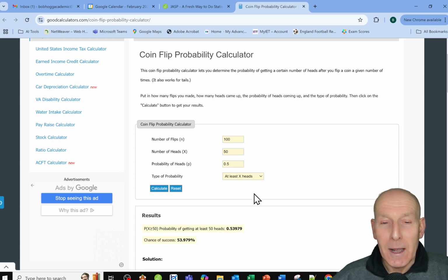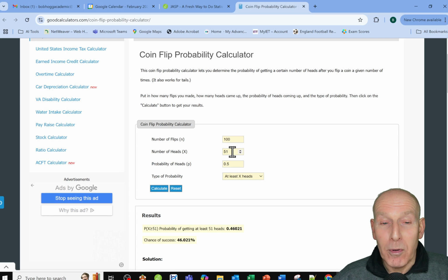Now the question I'm asking is, what about if we got 51 heads? Would you be surprised? If we put 51 in here and redo the calculation, then we get this probability of 0.46.